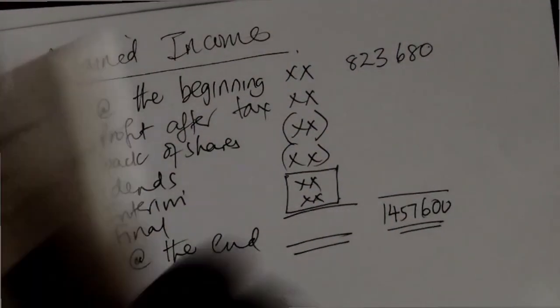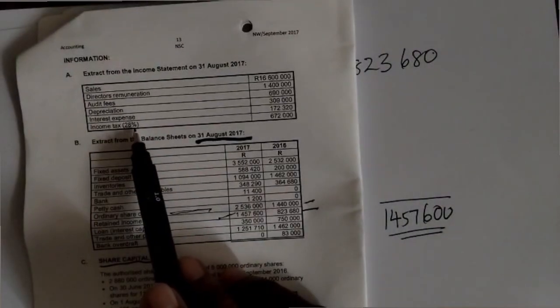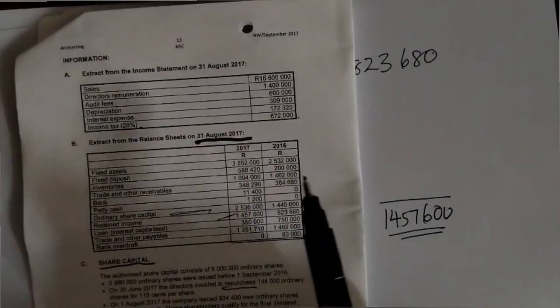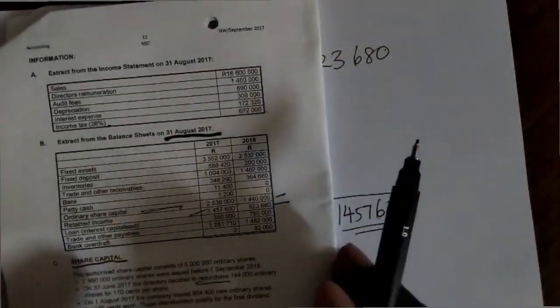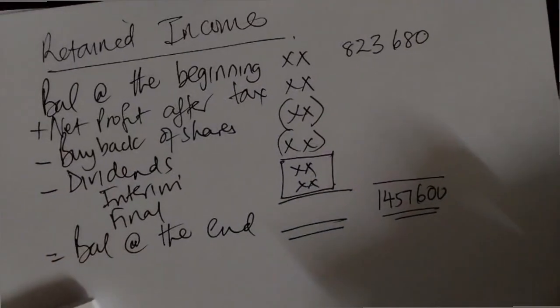So if you look further in this information at the beginning here, they give you income tax and they say it's 28%, and they give the income tax to be 672. So I can actually calculate my net profit after tax because I'm given the income tax amount. How do you do that?